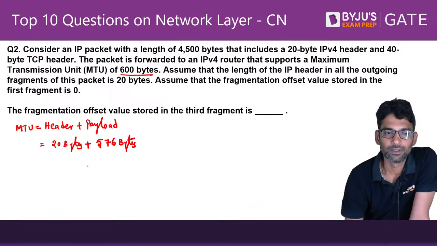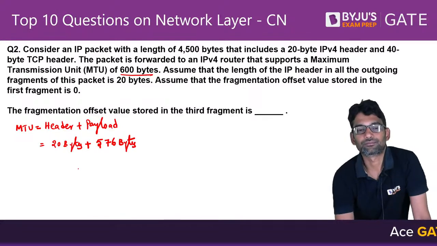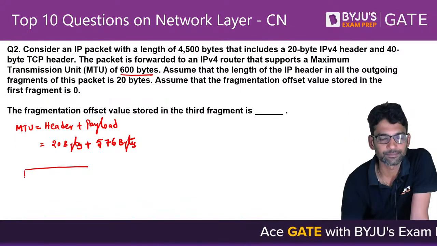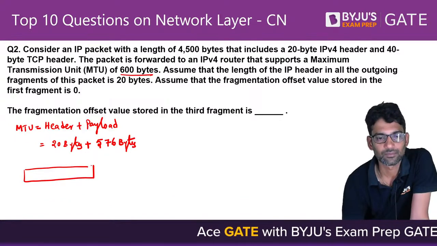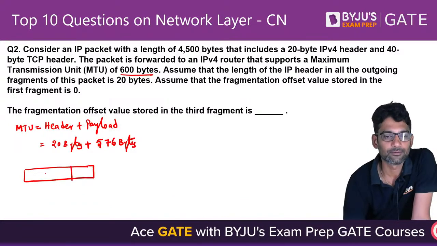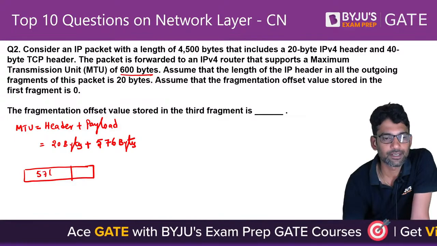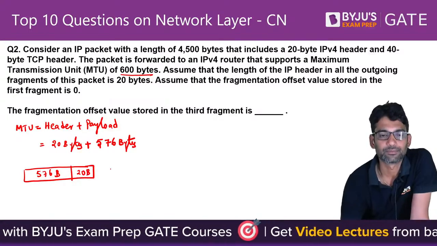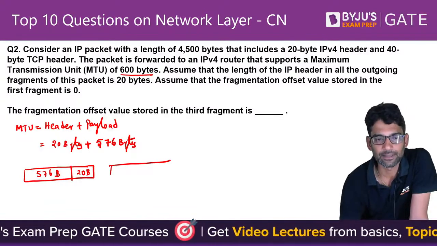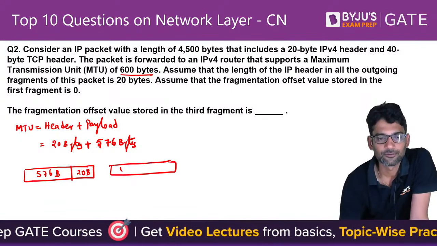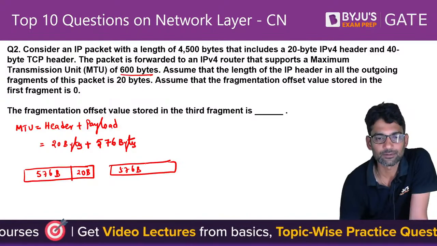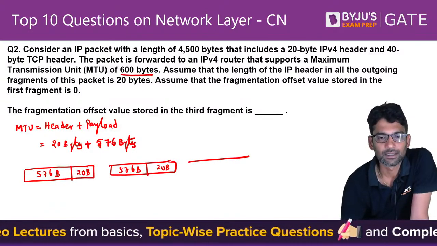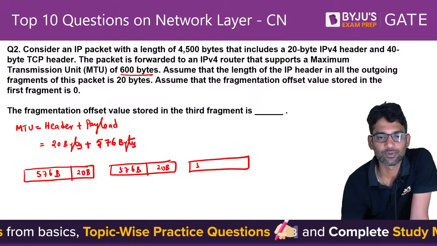Okay. So now the first fragment will have 576 bytes of payload and 20 bytes of header. Second fragment will have 576 bytes of payload and 20 bytes of header, and third fragment also will have.